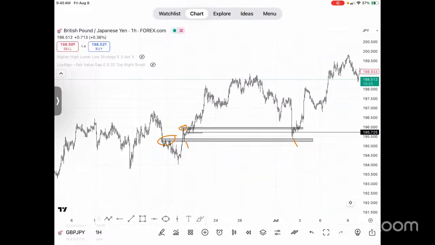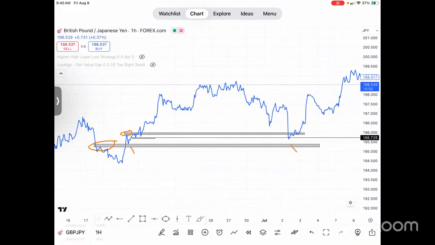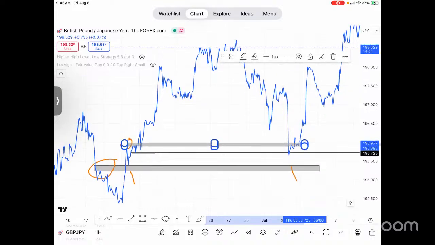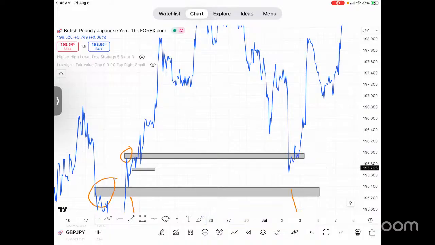You have major and minor. Major means a lot of touches. Minor, less touches. First gray box, how many touches do you see? 1, 2, 3.